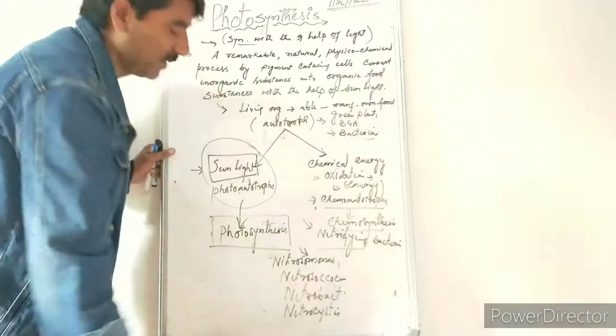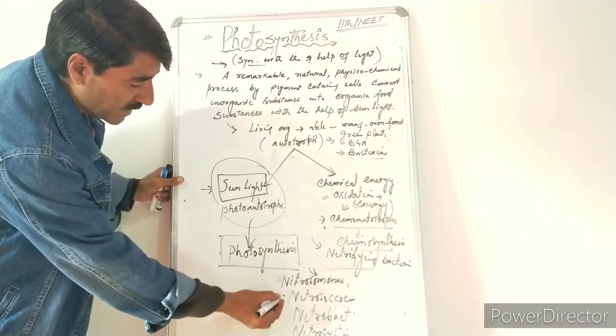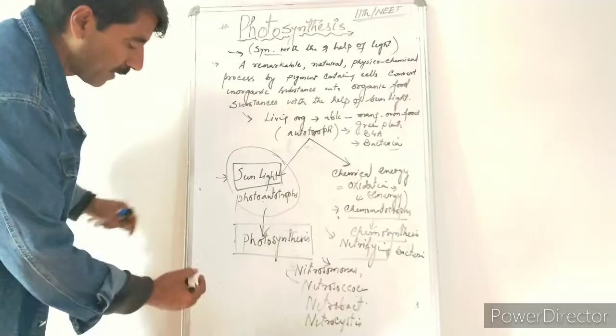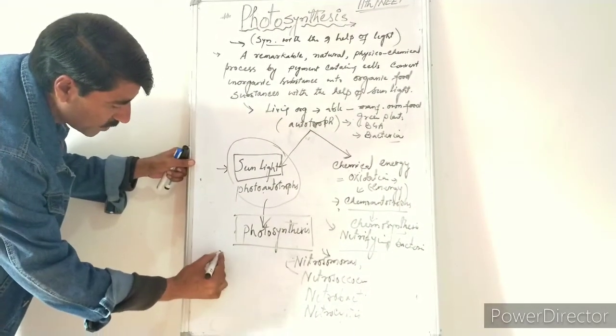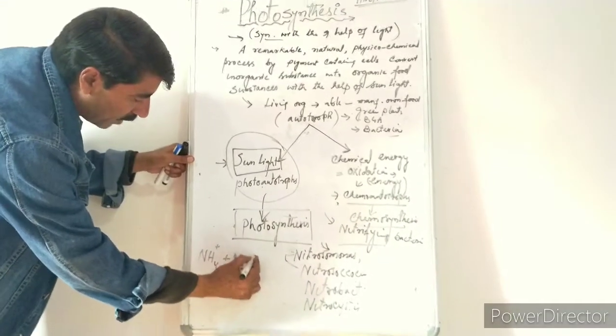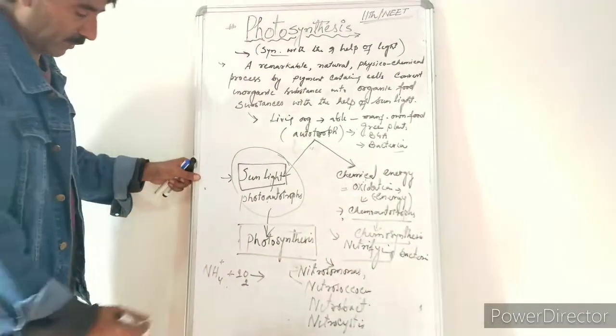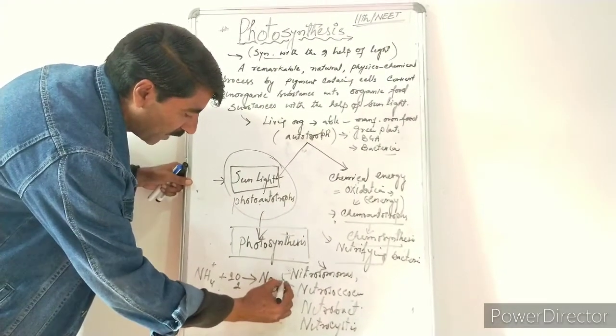These are nitrifying bacteria. Now these Nitrosomonas and Nitrosococcus, they oxidize ammonium NH4 positive ions, and the oxidation of these ammonium results in the formation of nitrite.